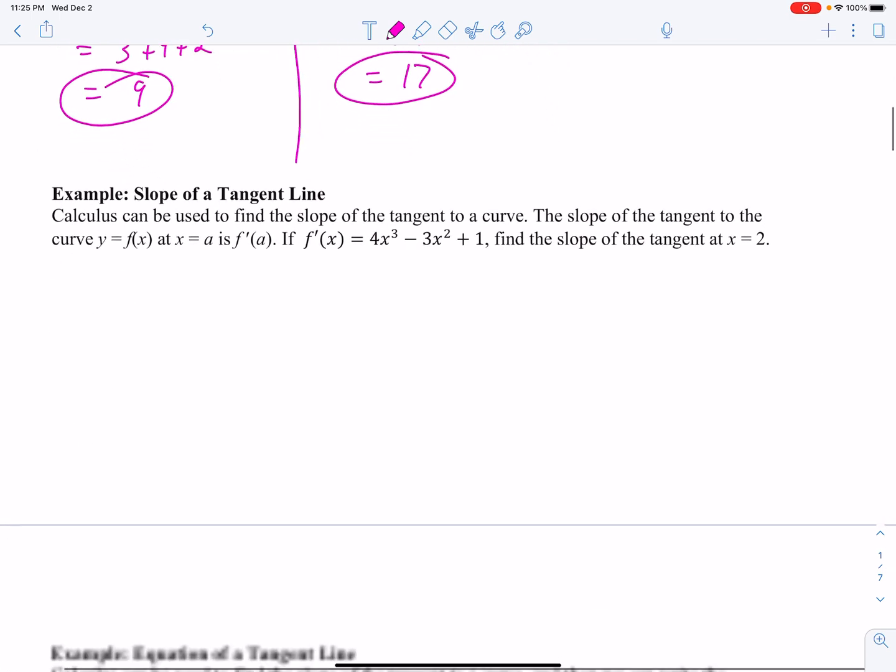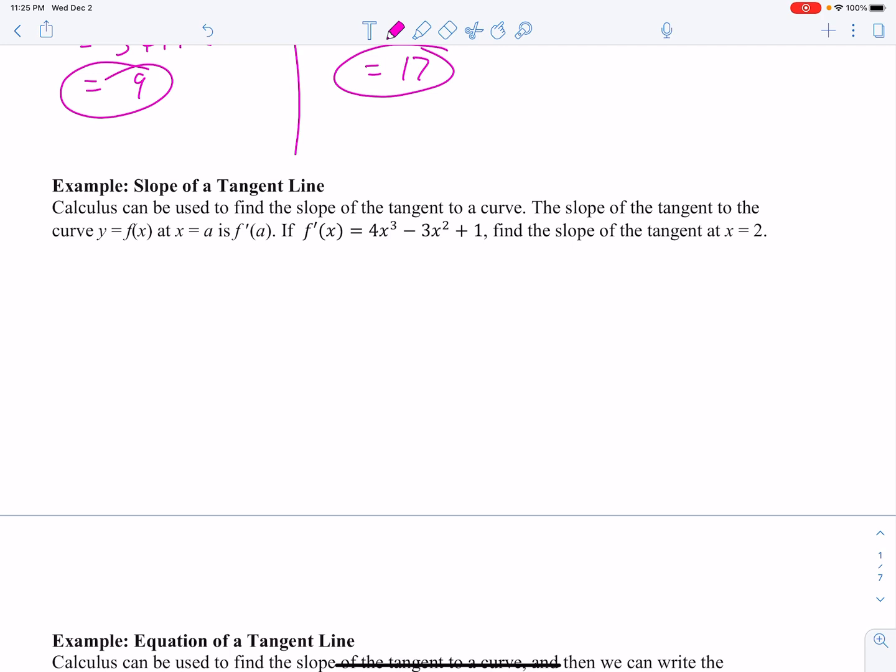All right, next example. Slope of a tangent line. Calculus can be used to find the slope of the tangent to a curve. This will make a lot more sense in calculus, I promise, but for now it's what we're going to work with. So the slope of the tangent to the curve y equals f of x at x equals a is f prime of a. It's just another way to say the derivative. So there's our derivative function.